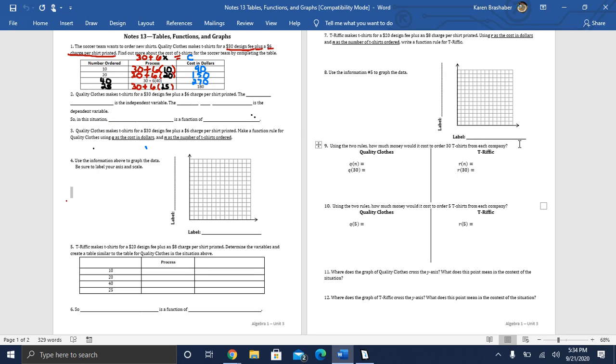So that gets us to some vocabulary that we are wanting to fill in. So in number 2 there, the blanks for independent variable. The independent variable is that amount that keeps changing that then affects our final answer. So the independent variable is, for this problem, the number of shirts.